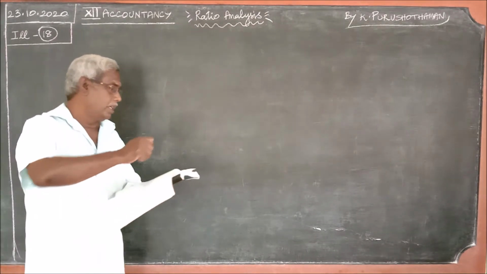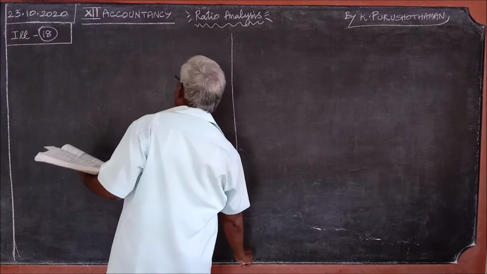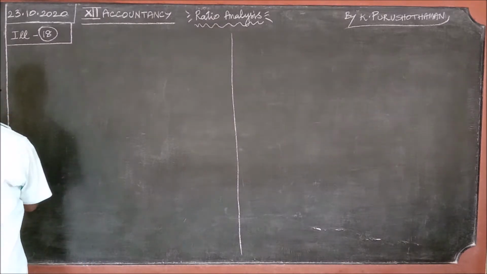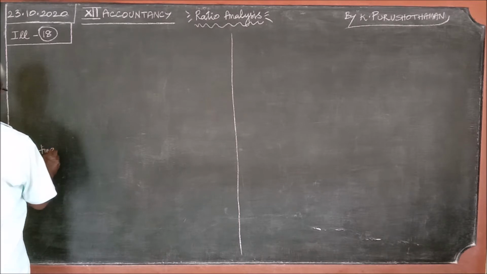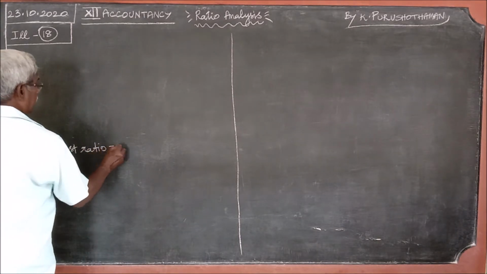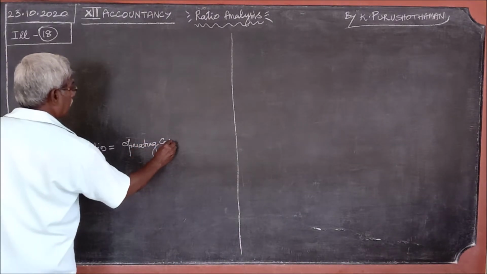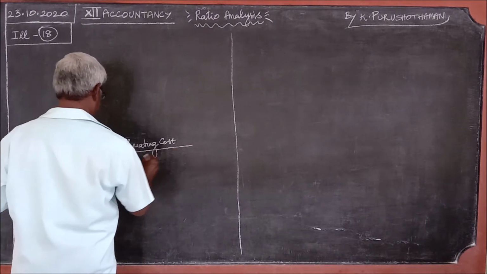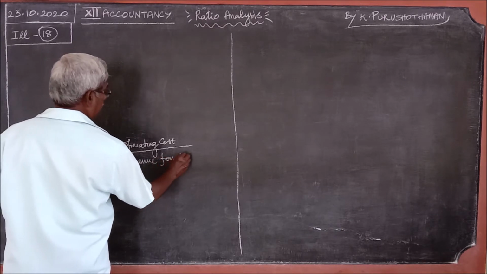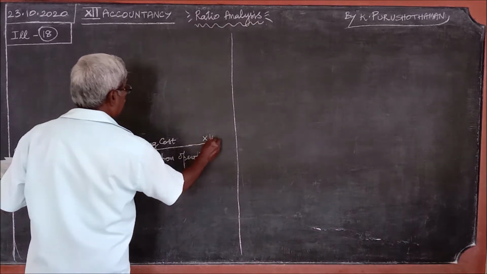What is the formula for operating cost ratio? This operating cost ratio is equal to operating cost by revenue from operations into 100.